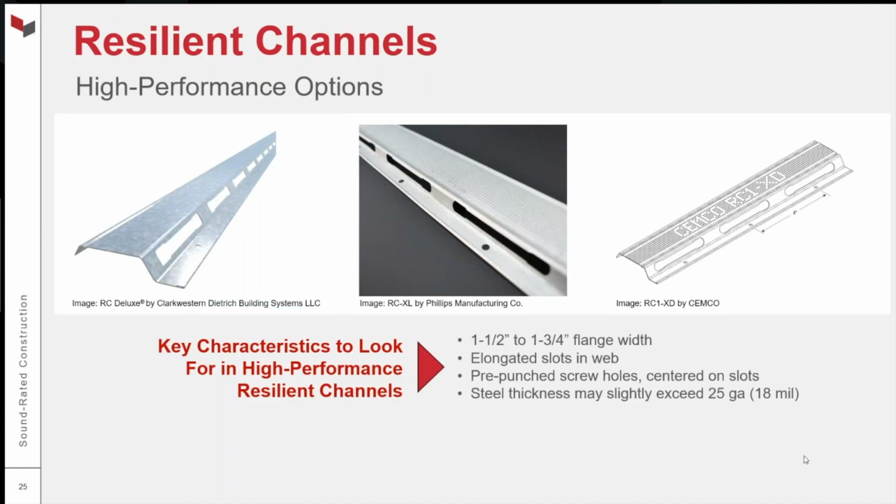You're looking for those elongated slots in the web, and you can see that in each of the 3 images here. And you'll also notice they have pre-punched screw holes that are centered on those slots. That is because when installing the resilient channels, those slots should be centered on the framing member. That is really a key aspect of the performance and in maximizing the STC performance of these channels.